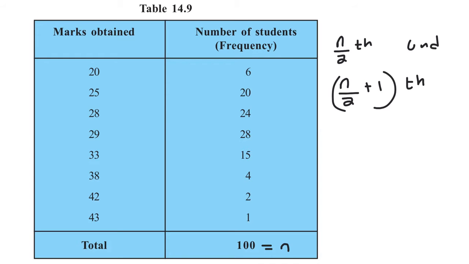The n/2 term, half of 100, is going to be the 50th observation, and n/2 + 1 is going to be our 51st observation. So we need to find out what values fall at these observations, and then take the average of them. In order to do that, let us proceed as follows.